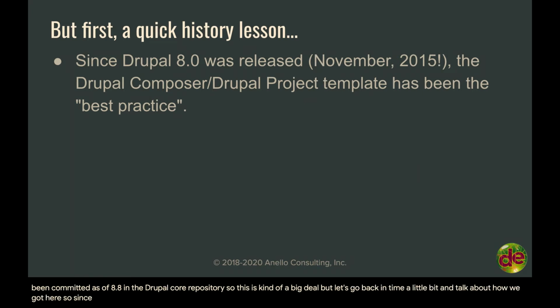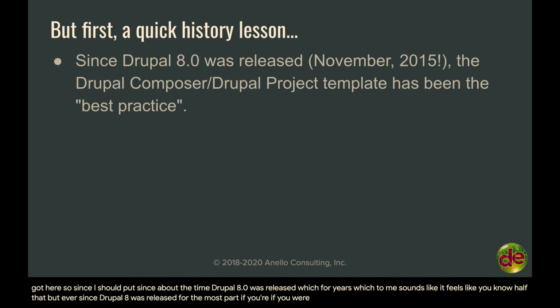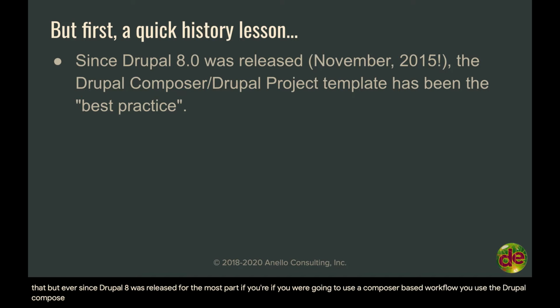So since about the time Drupal 8.0 was released, I think this is a typo every time I look at this. We've had Drupal 8 for 4 years, which to me feels like half that. But ever since Drupal 8 was released, for the most part, if you were going to use a Composer-based workflow, you use the Drupal Composer Drupal Project.